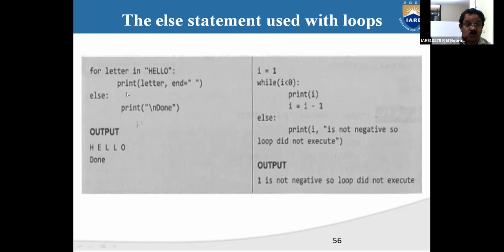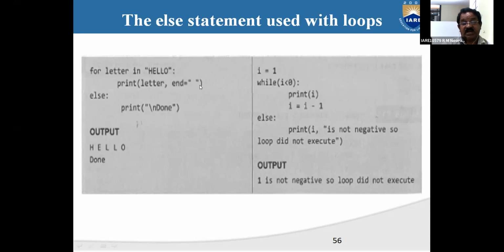Whereas in the case of a for loop, if you are using else, the condition is true, and you have not made use of any break statement, then after execution of the statements within that for, whatever statements you have written within the else block are also going to be executed. See here: "hello". If you have not made use of end, then it will be written line by line, H in one line, E in another line, L in another line, and so on.